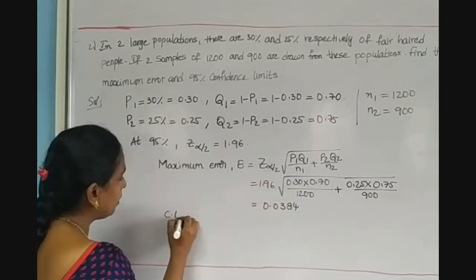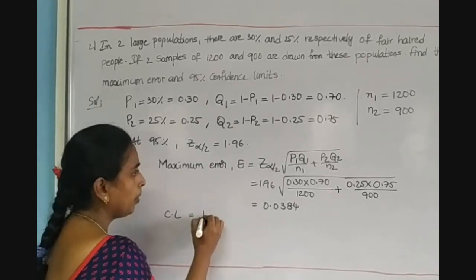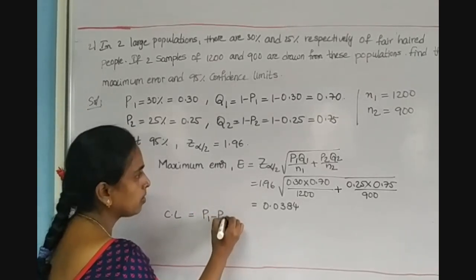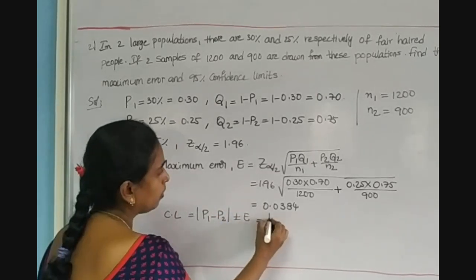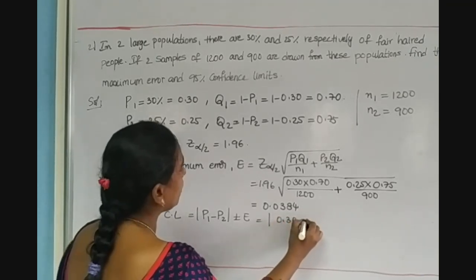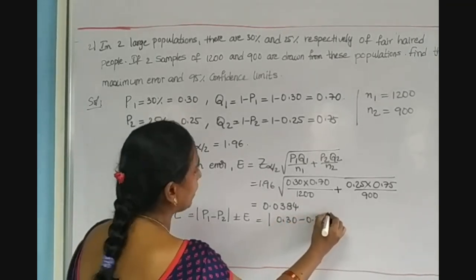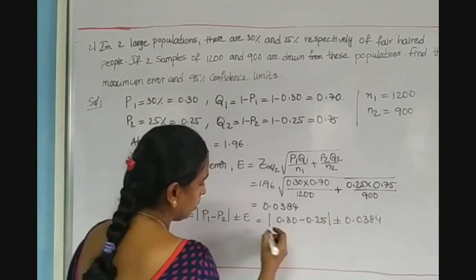Now we have to find the confidence limits for proportions. That is modulus of P1 minus P2 plus or minus E, which is equal to modulus of 0.30 minus 0.25 plus or minus 0.0384.